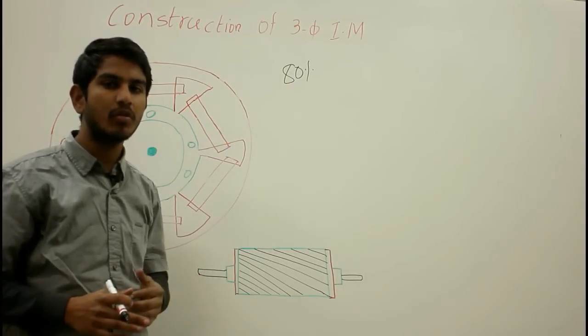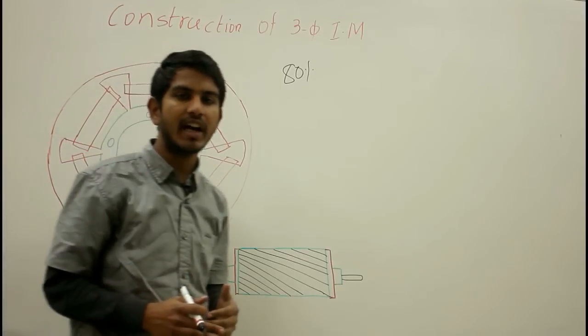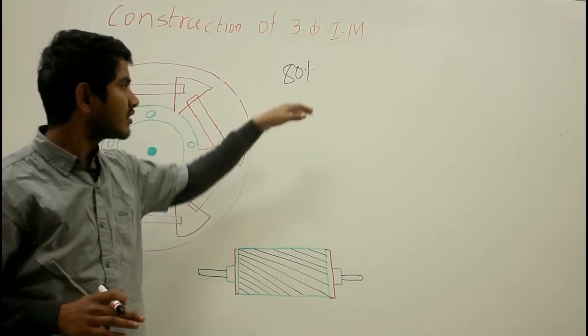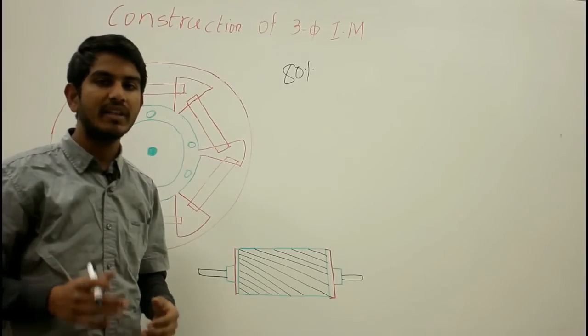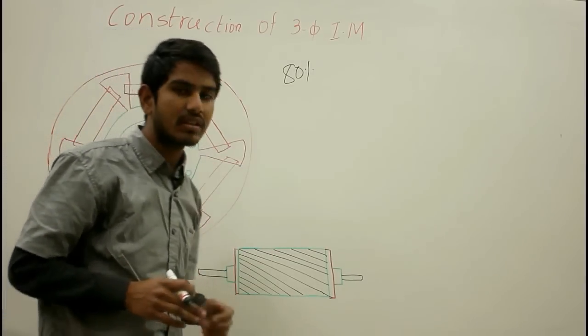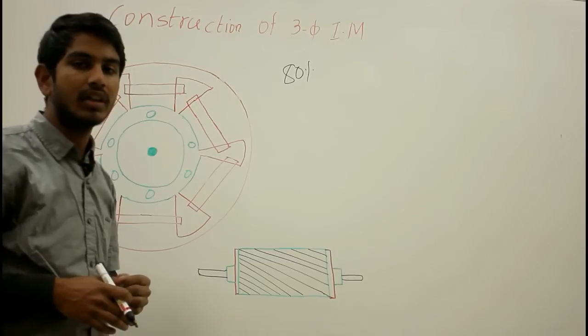It is a self-starting motor with good operating characteristics and good speed regulation, and the absence of commutator and brushes makes it maintenance free. For these reasons, three-phase induction motors are widely employed in industries.